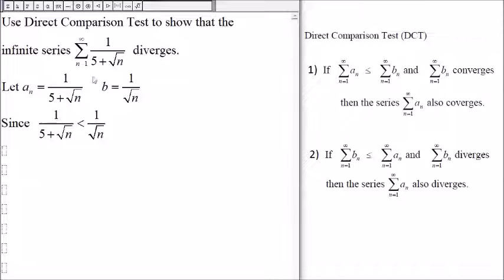And so this means that the series a sub n is less than the series b sub n. But we want to show that this series 1 divided by 5 plus the square root of n diverges. And so we need to show that b sub n is less than a sub n, and this is the other way around.